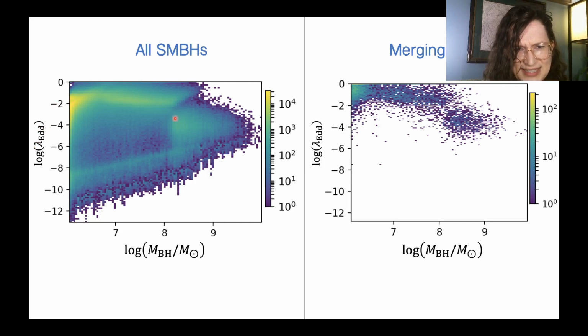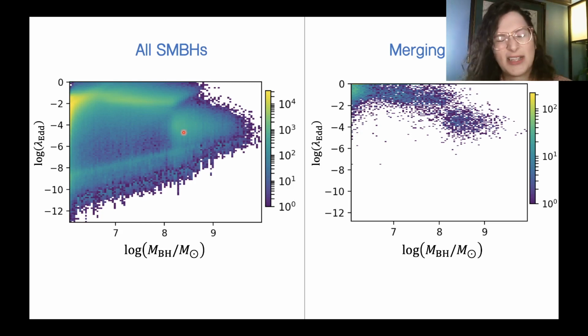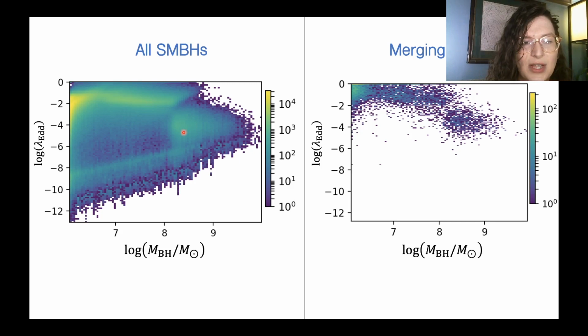And that drops down a little bit after about a black hole mass of 10 to the 8, and that's as black holes are transitioning from quasar-dominated to radio jet-dominated. And down here we have some black holes which are accreting at very, very low Eddington ratios, so those indicate black holes that are very inactive as far as the accretion onto them.